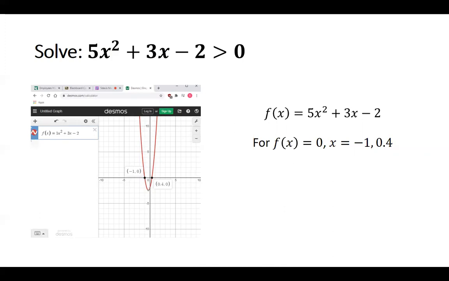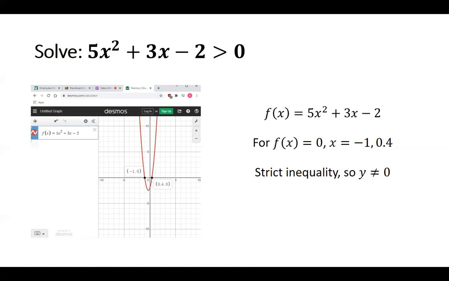Now that I look at this, first of all, I see that it is a strict inequality. So y cannot be equal to 0. It's greater than 0. We're not looking for when it's greater than or equal to 0. So it's a strict inequality. And I'm looking for a greater than, so I look at this and I see, aha. So when is this graph greater than 0?